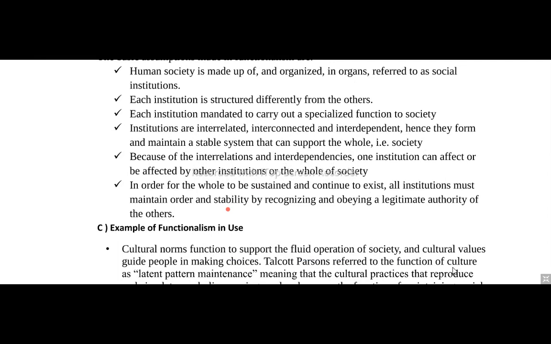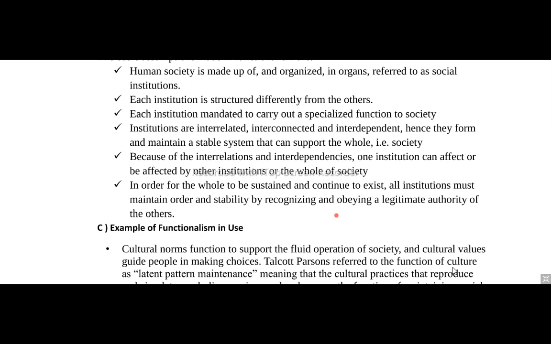The church should be respected because it has its own authority. In the church, we have different denominations and even different religions. So each should be respected the way they are, so that there is order and stability in the society.